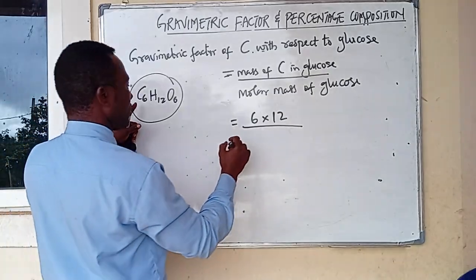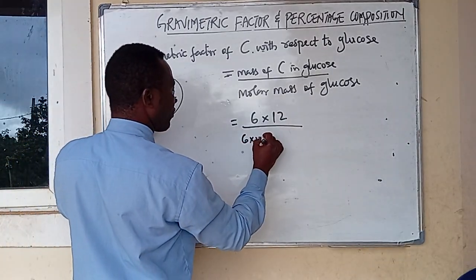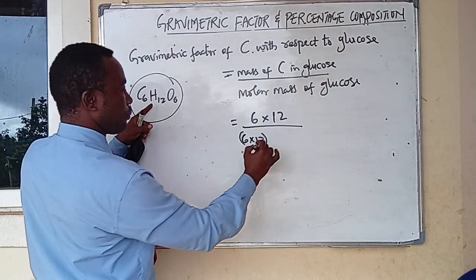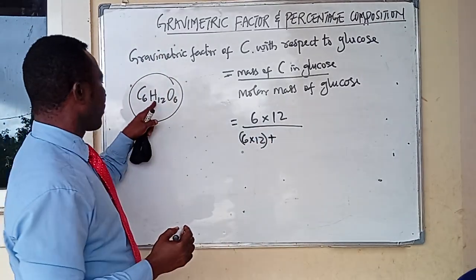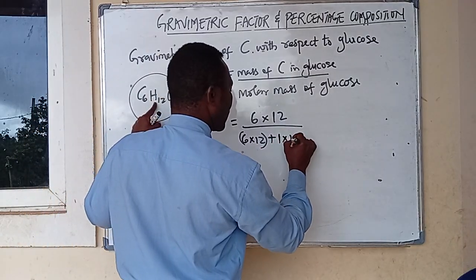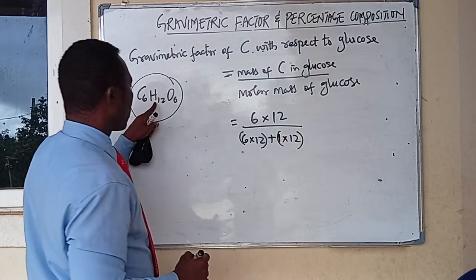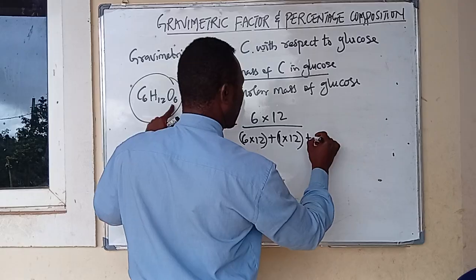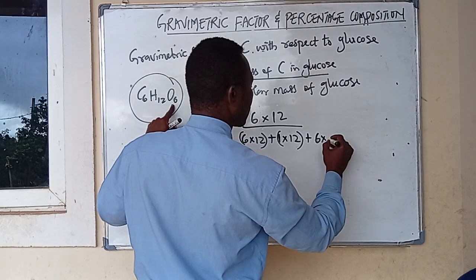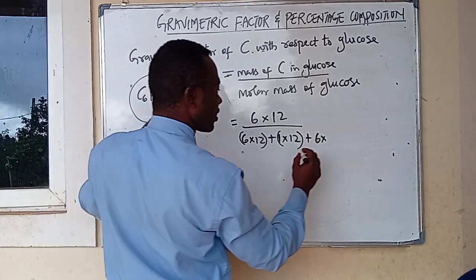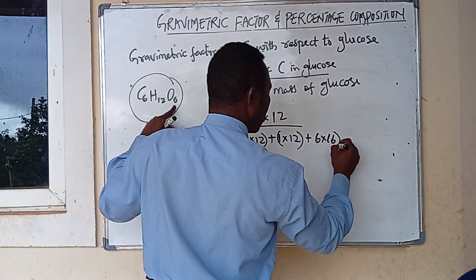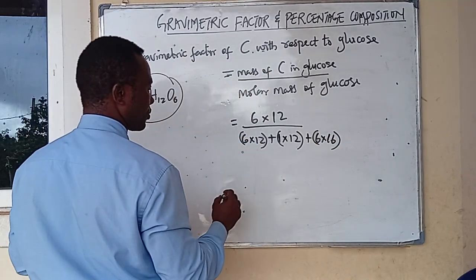That will be 6 times 12 for carbon, plus hydrogen is 1 times 12, plus oxygen is 6 moles of atoms of oxygen, which is 6 times 16 for oxygen.